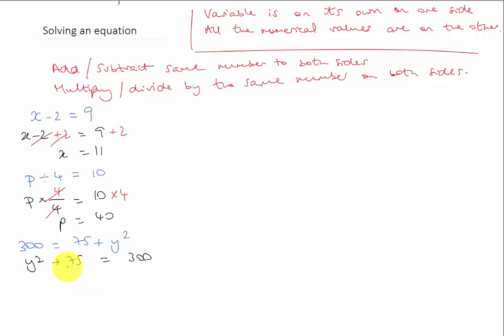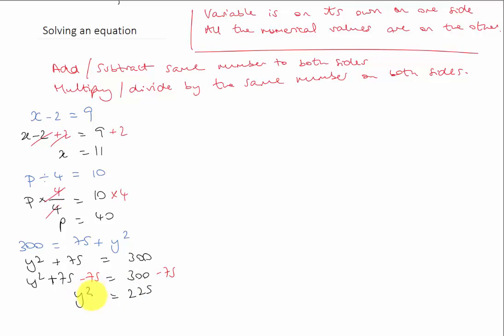And now let's get rid of this 75, so we can say y squared plus 75 minus 75 is equal to 300 minus 75. So then it's like we're adding 0 to our y squared. So that's good. So we've got y squared is equal to 300 minus 75, which is 225.